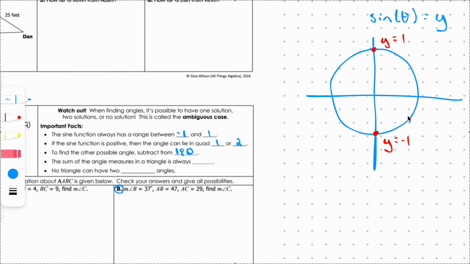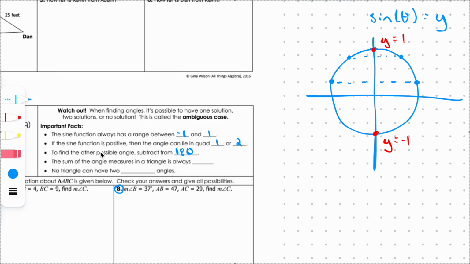And we do that because we can get that same sine value, that same y value, at a different angle, and so we subtract from 180 to get that other angle. Same thing if it was up here versus here, because they all have the same y value, the same sine value.